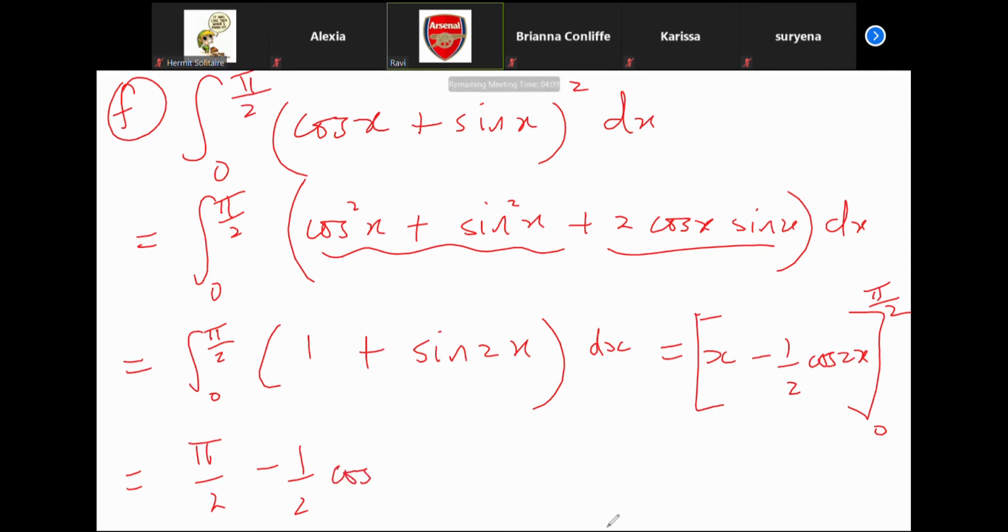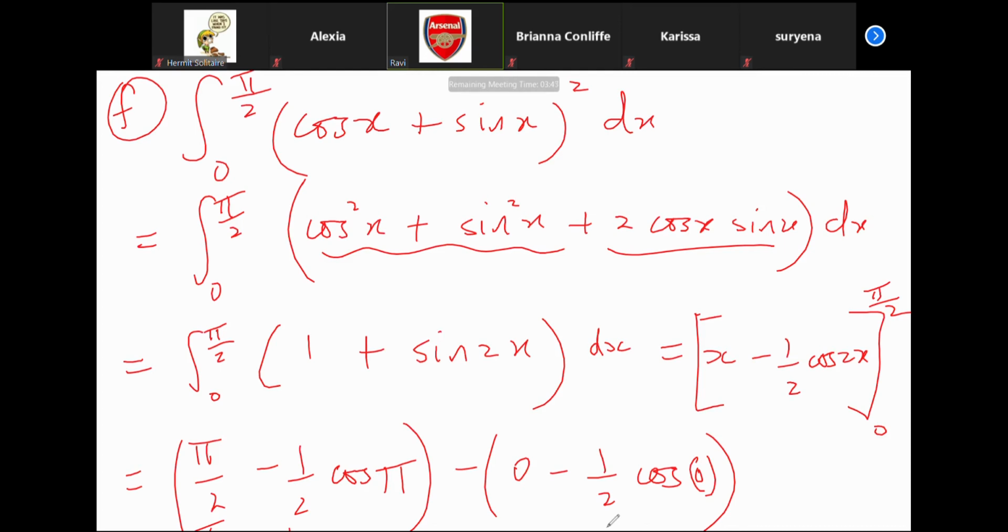What you have to do is recognize that I need to use an identity to rewrite this function in a form that resembles one of these things, because they could ask you this question. Cos 2x, where you plug in pi on 2, gives cos of pi, which is minus 1. So minus a half by minus 1 is plus a half.